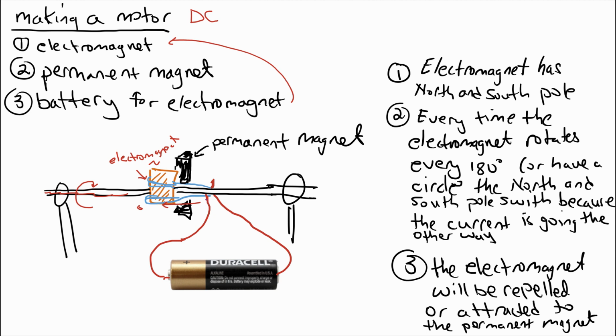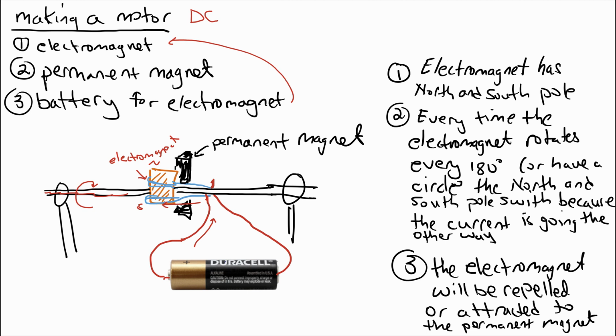And like I said, if the current is going this way into the electromagnet, then we have north and south like this. And then when it flips 180 degrees, the current's going to be going in the opposite direction. So the north and south are going to change. And depending on that situation, it's going to be attracted to the permanent magnet that we have here.